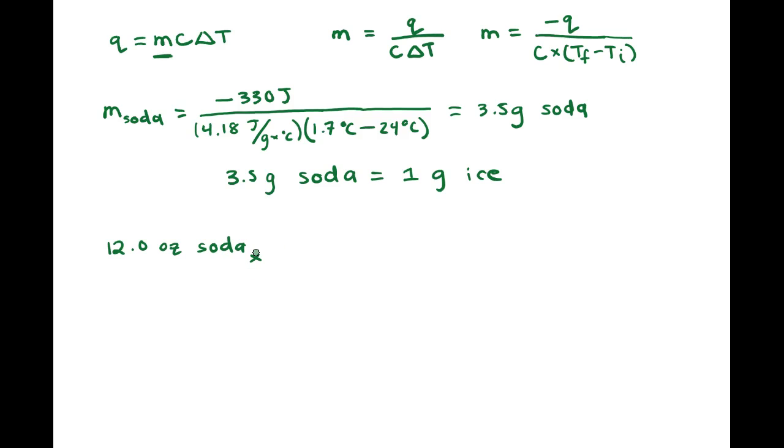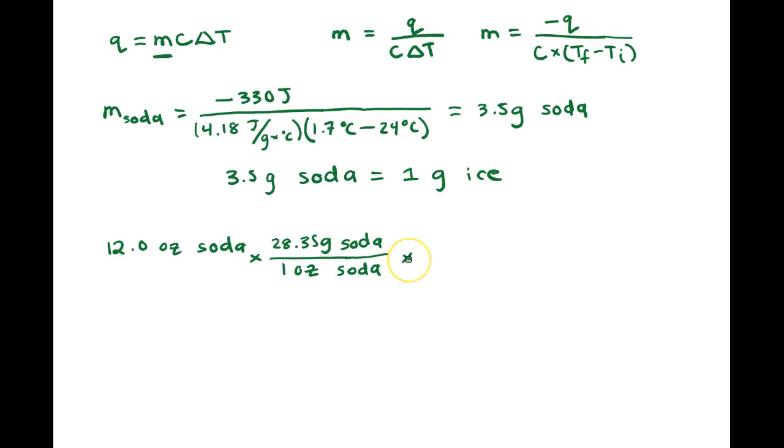And then on the bottom, since I'm in ounces, the first thing I need to do is convert to grams. So I have 1 ounce is the same as 28.35 grams. And let's specify that we're still talking about the drink.